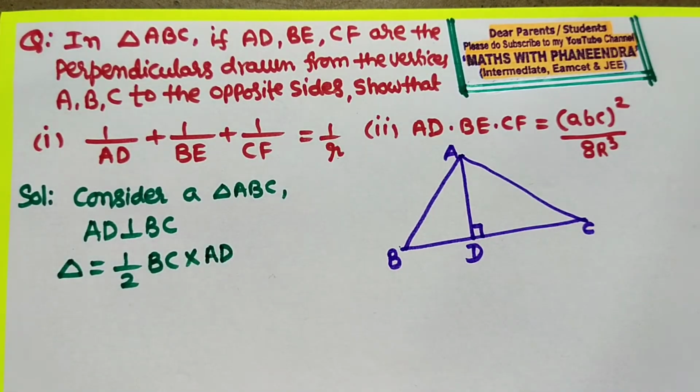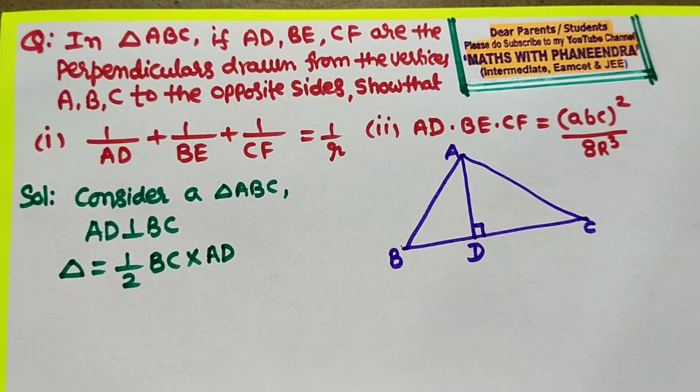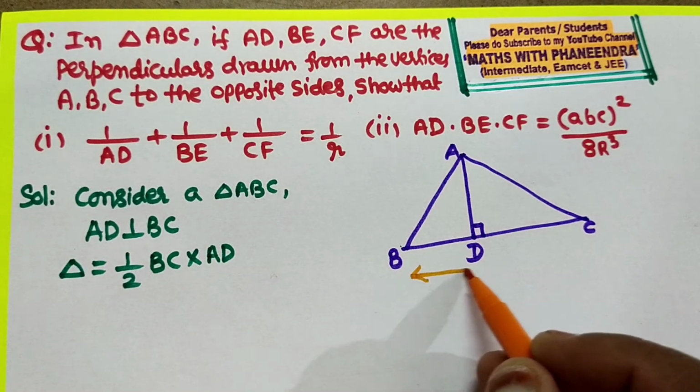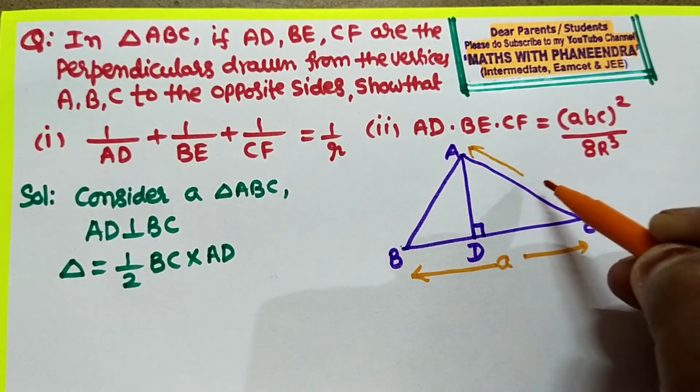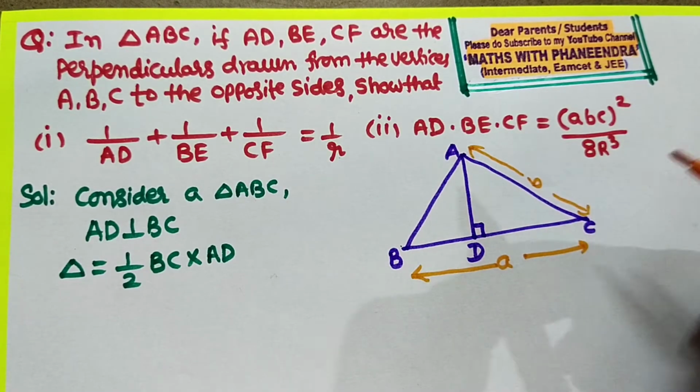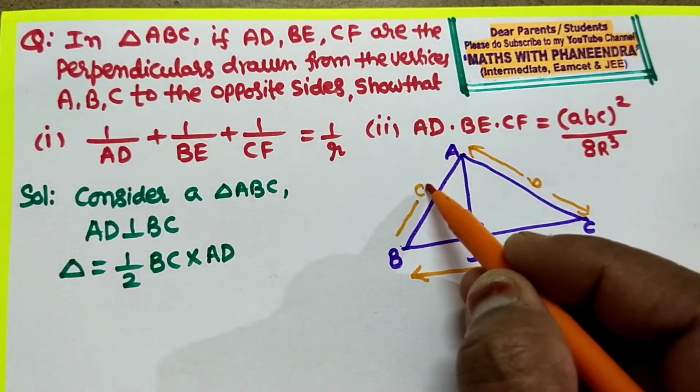What is BC? In previous discussions I told that BC is equal to small a. And AC is small b, and AB is equal to small c.